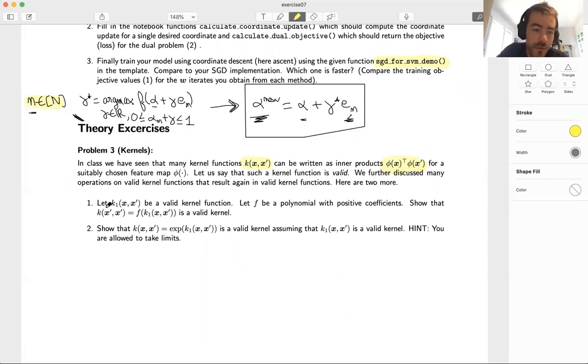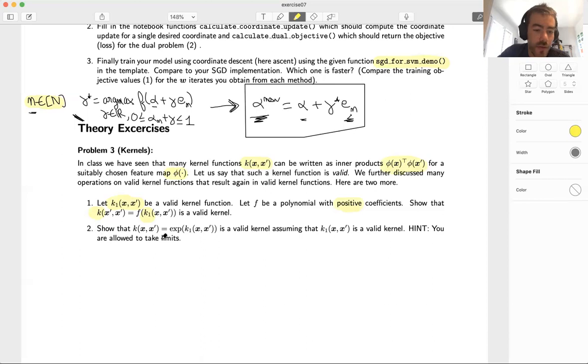And here we're going to show that if you have a valid kernel K1, and f is a polynomial with positive coefficients, so the fact that it's positive coefficients is very important, then if you compose K1, which you know is a valid kernel, with f, you need to show that this is still a valid kernel. This is nice because in practice, if you have a kernel K1 which you know is valid, then you know that K1 squared is going to be valid, without even having to compute the associated feature map phi.